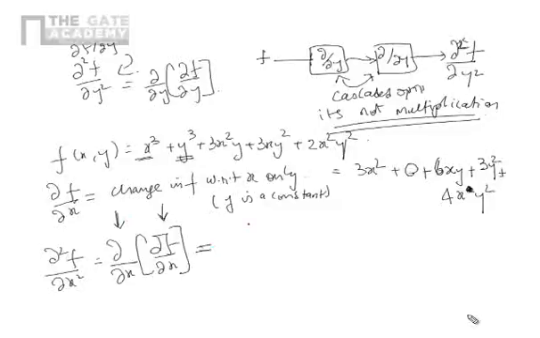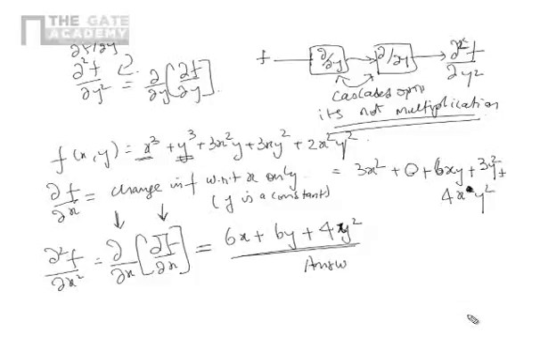That is, I get 6x, plus 6xy will give me 6y, plus 3y² is a pure y term, it will go off. 4xy² will give me 4y². This is the answer. I leave the algebraic simplification to you.